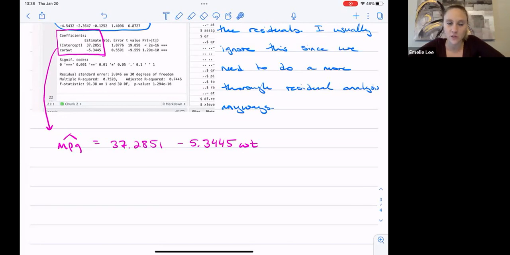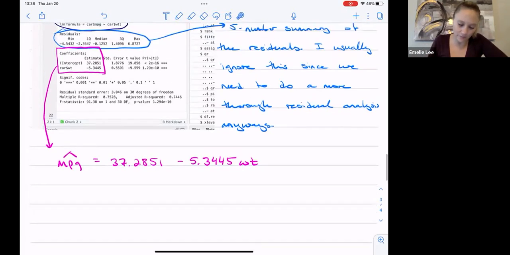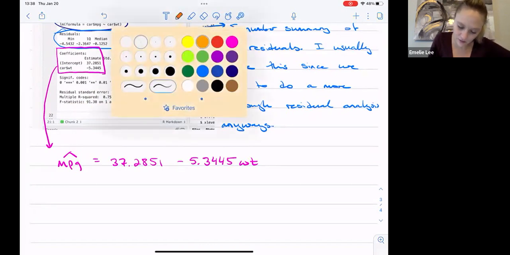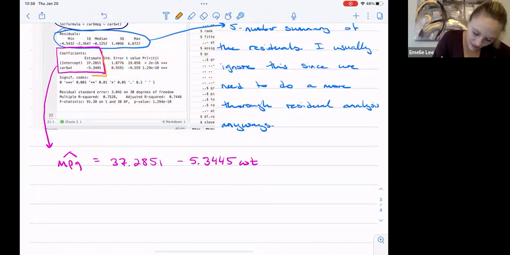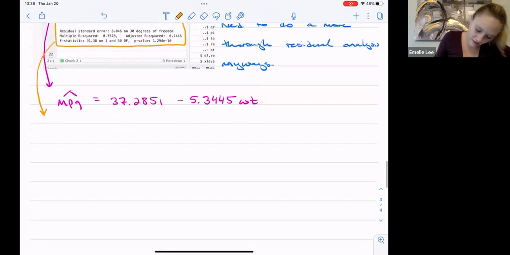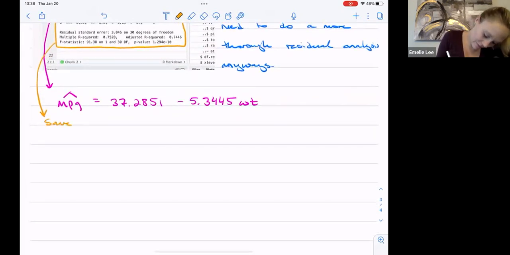Now, what I want to do is I just want to fit this and then we're going to save this output. Only some of it we pay attention to. Pretty much the multiple R squared is the only one we really pay attention to, but we're going to talk about all of them at a later date. So here I'm going to say save to talk about later.